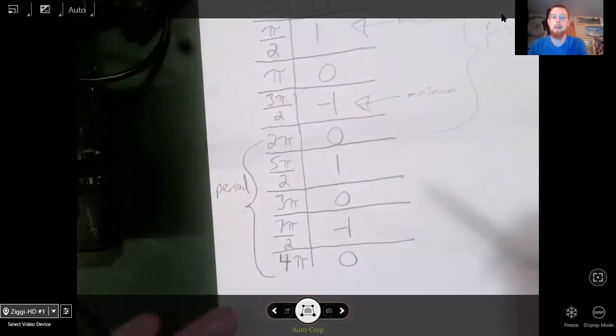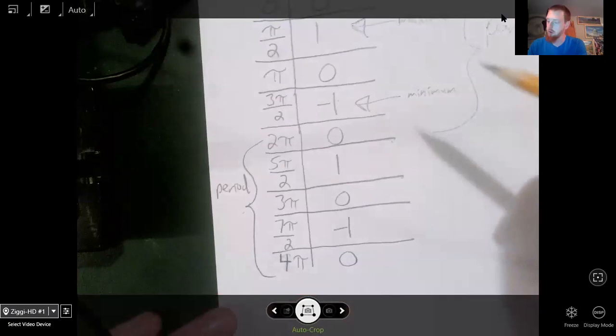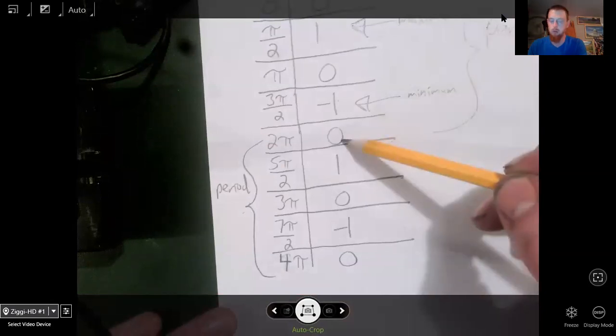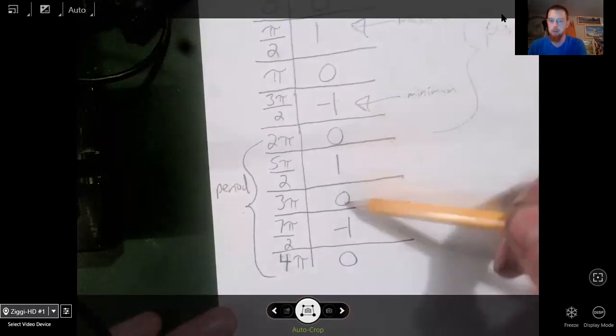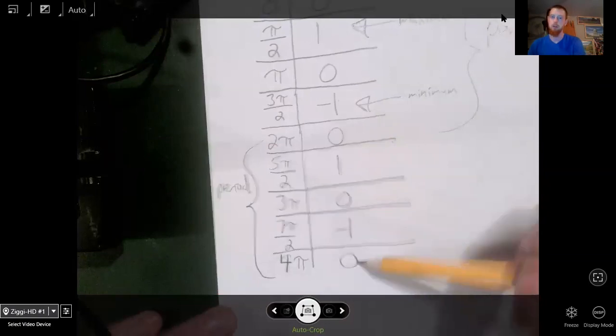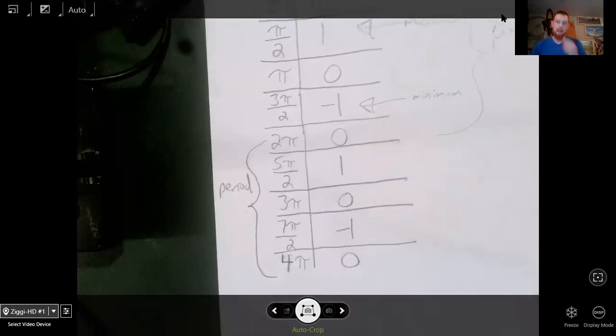So a period is basically how long does it take to go through a complete cycle? Starting point, maximum, back to the starting point, minimum, back to where you started. That's the basics of the graph of f of x equals sine of x.